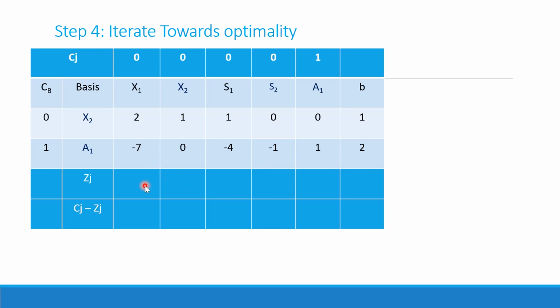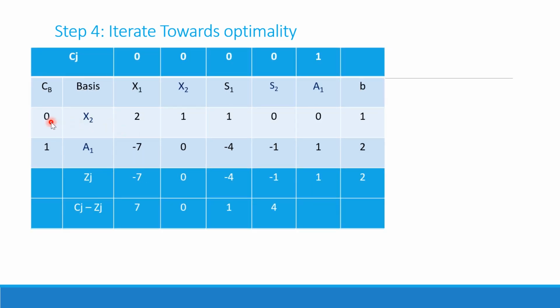Now we'll find Zj, which is nothing but this into this plus this into this, so it comes around like this, Zj. Then finding Cj minus Zj. To find Cj minus Zj, you just subtract Zj from the Cj, so 0 minus 7 plus 7, so it becomes 7. 0 minus 0 is 0.